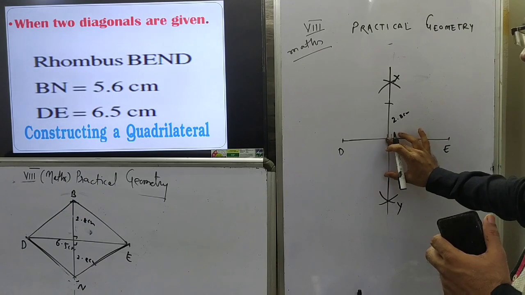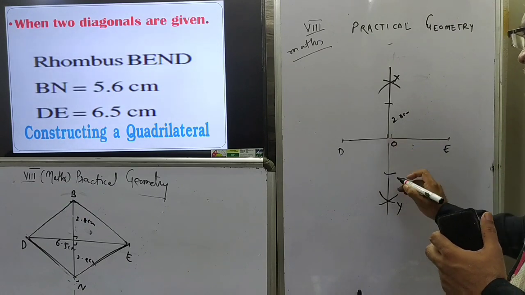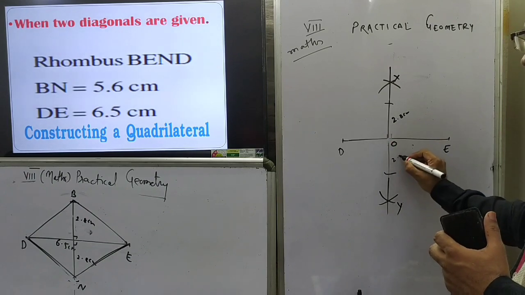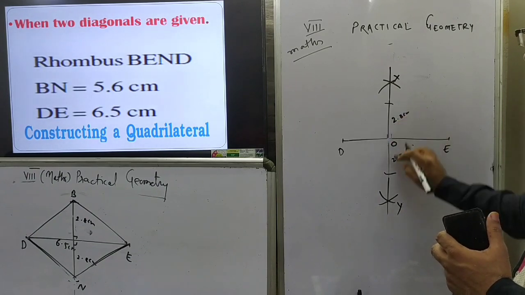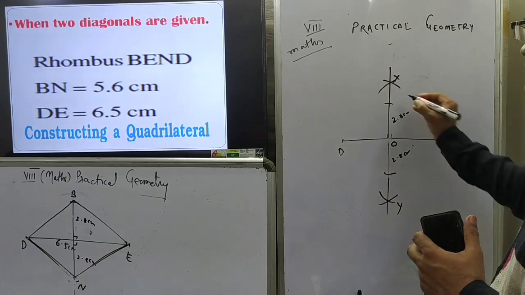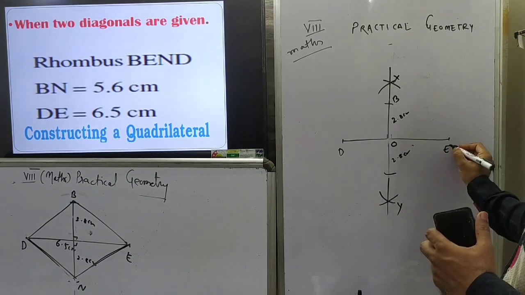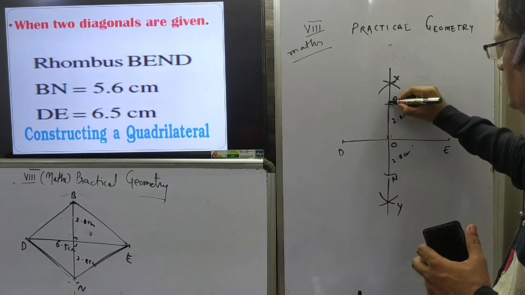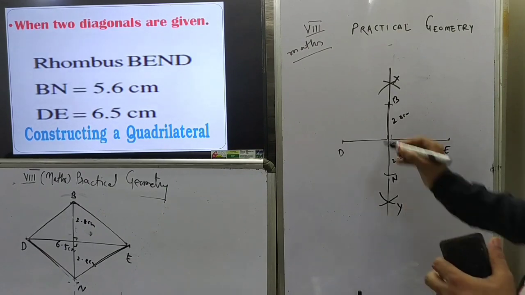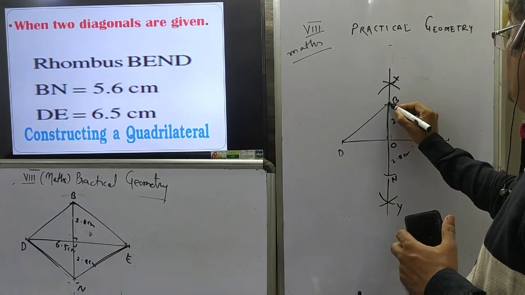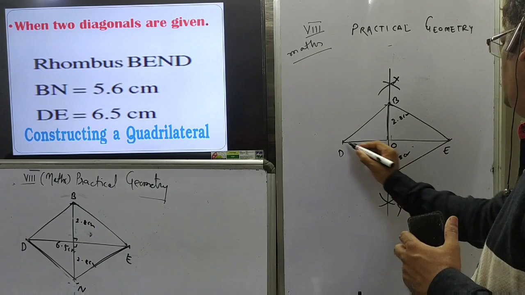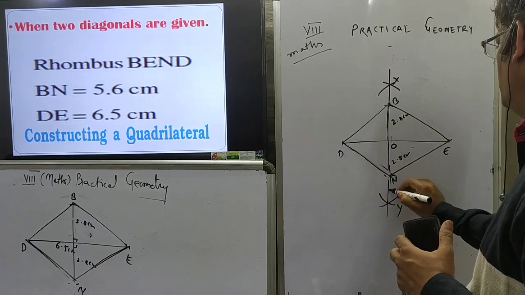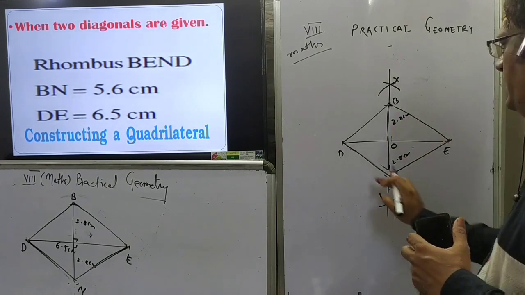Now put the metallic end of the rounder at O and draw another arc intersecting on the other side of this DE at 2.8 centimeter. Now this 2.8 and 2.8 is equal to 5.6. This is point B, this is E, this is N, and this is D. This diagonal is 5.6 centimeter. Join B, E, N and D, and this results in rhombus BEND.